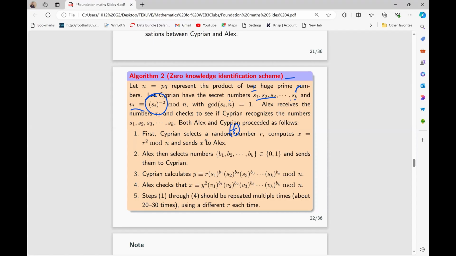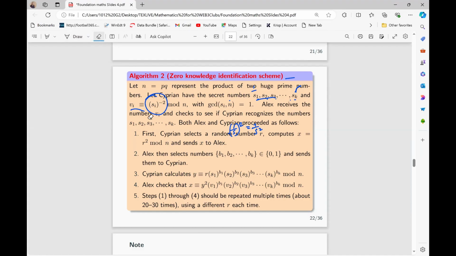When you square one out of S, what you get is 1 out of S square. The only thing is that we have SI. I means 1, 2, 3, 4. That's why you see I have 1, 2, 3 up to K. I are just the integers.